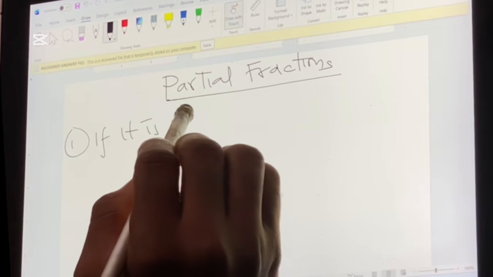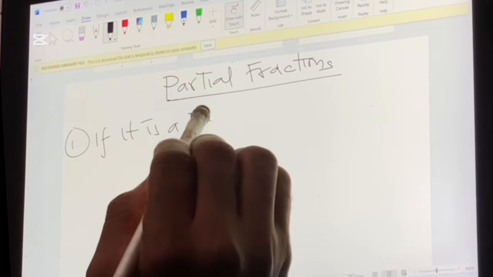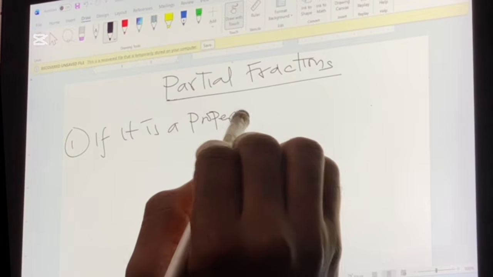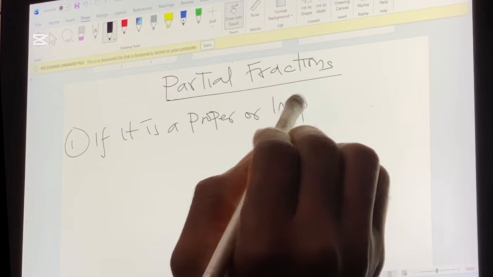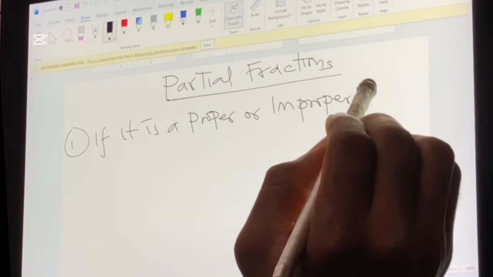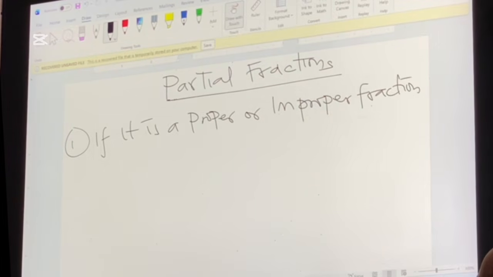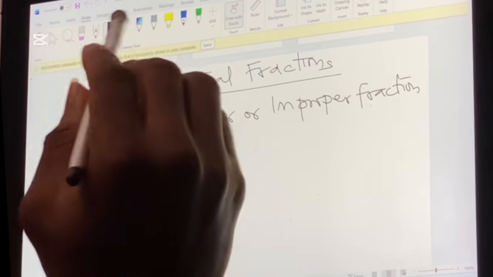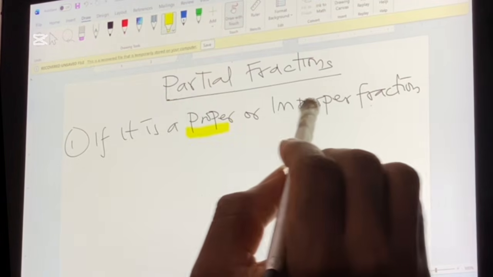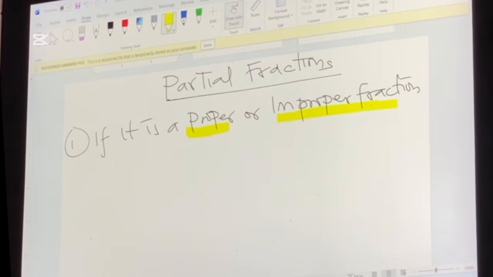Please take note. Whenever you want to solve any question on partial fraction, the first thing to consider is to know if the fraction is a proper fraction or an improper fraction.